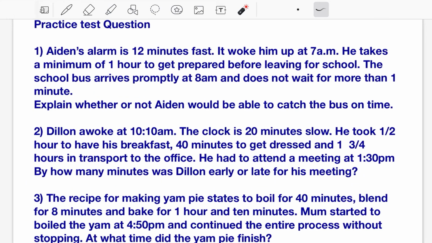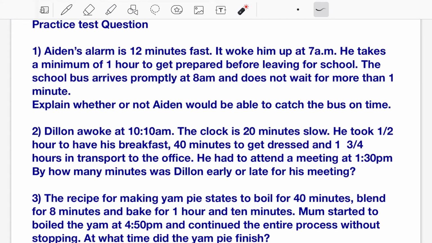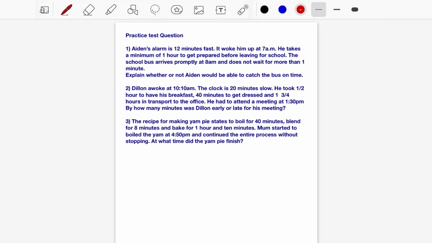So firstly, we can see that the alarm clock is 12 minutes fast. So, in order to get the correct time, we must subtract 12 minutes. It woke him up at 7 a.m. So what is the actual time that he woke up?